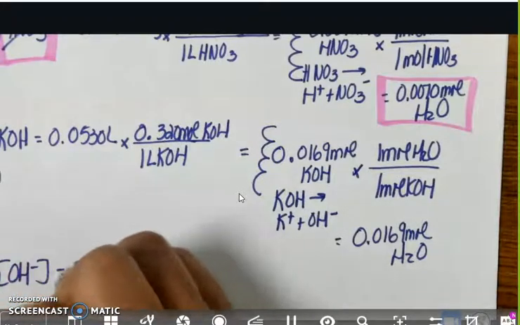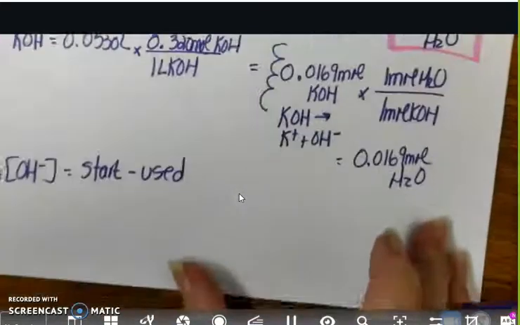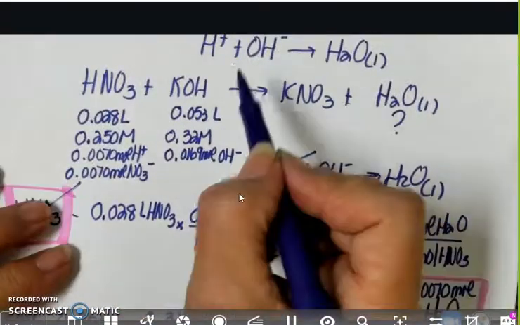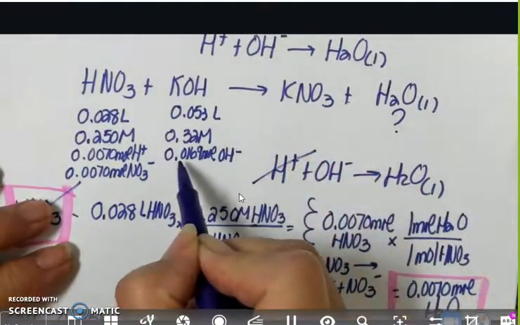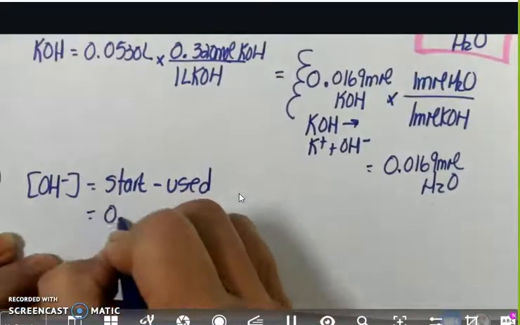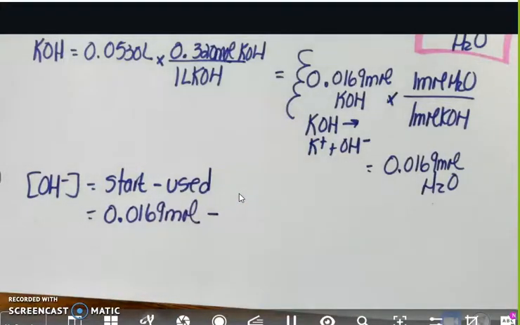So OH is going to be easy. Remember, it's going to be start minus used, right? That's how I'm going to do it. Well, what's my start? I have it up here. My start is 0.0169 mole. How am I going to find out where all the other OH is? Where did it go? It made water. So I need to take the thing it made and find out how much I used to make it.